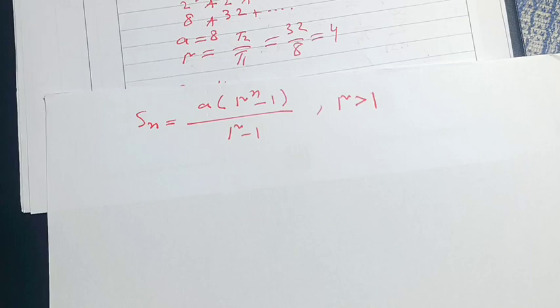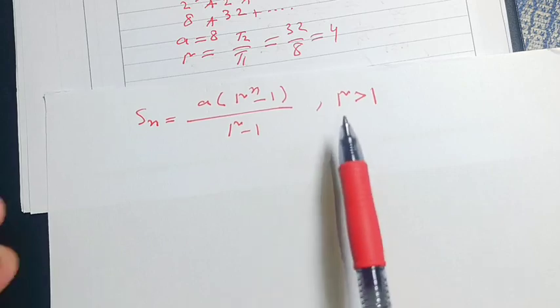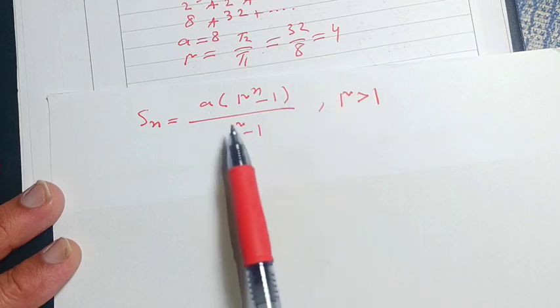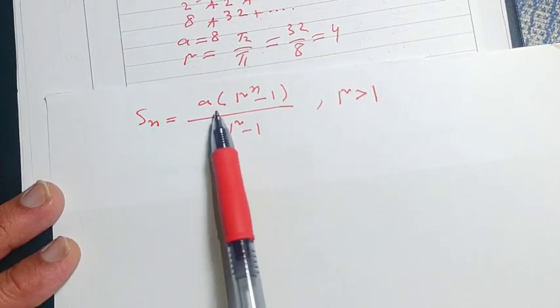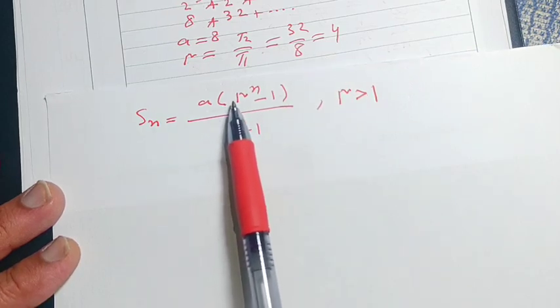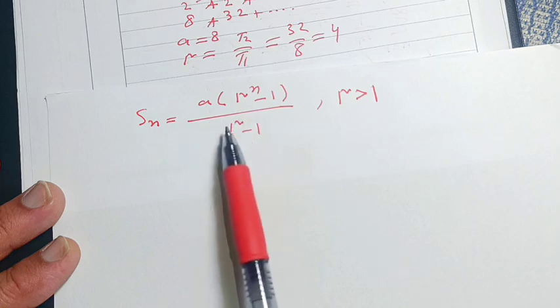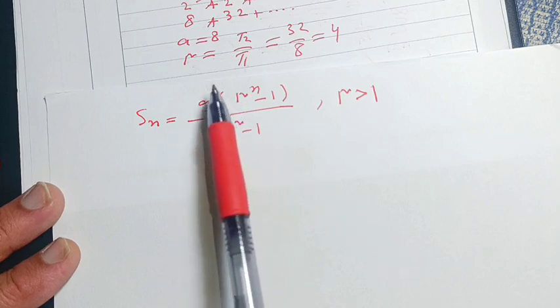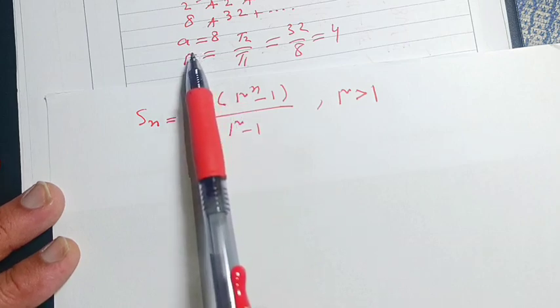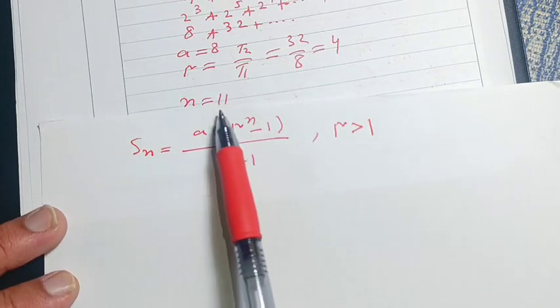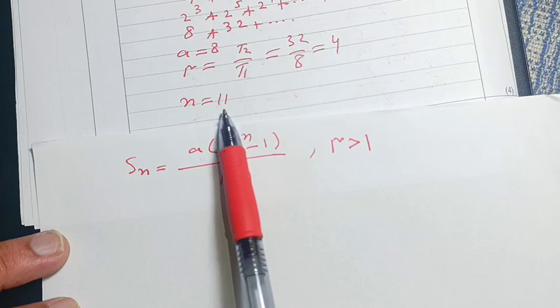Right. So I'm going to use the sum of geometric series formula. Obviously the r is greater than 1, which is 4, so I'm going to use this formula: a open bracket r power n minus 1 close bracket over r minus 1. I'm going to substitute all of these values into this formula. A we got 8, r we got 4, and n we got 11.